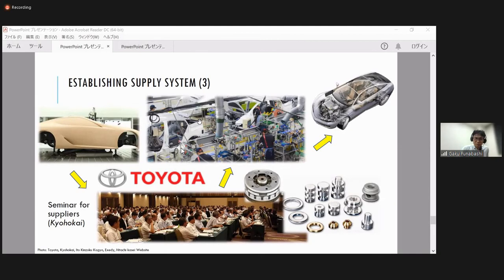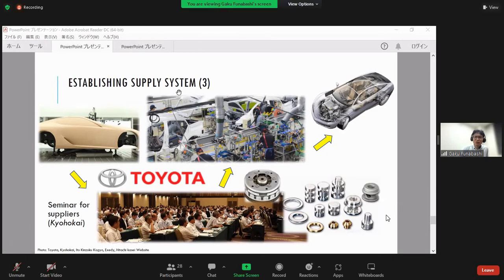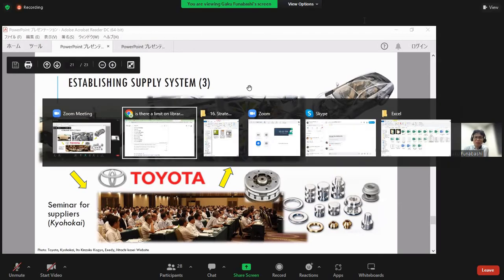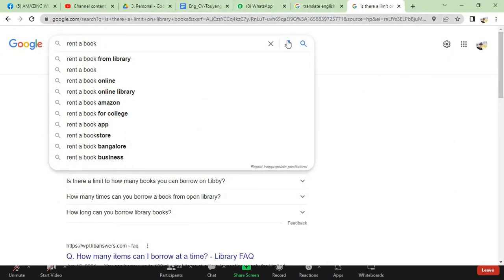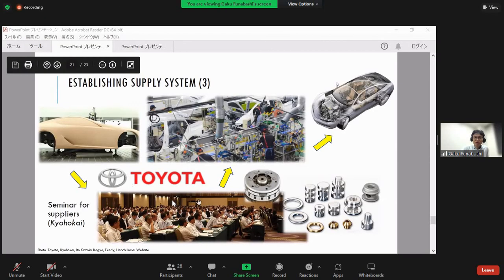And these SMEs, small and medium enterprises, suppliers are also combined in their system, and Toyota also supports these suppliers sometimes for technological development and so on.